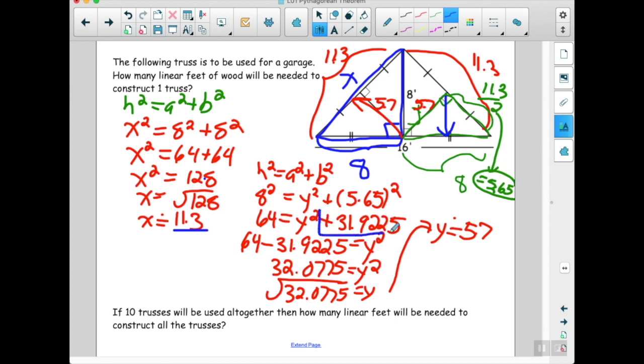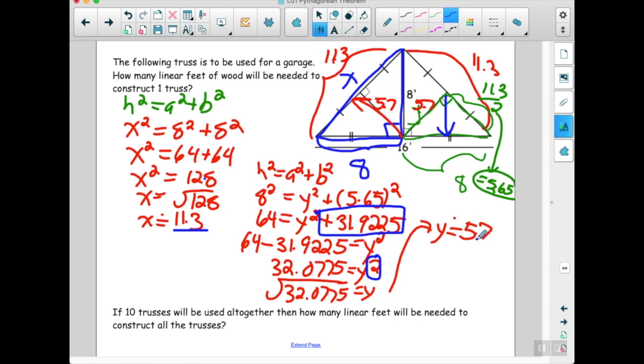And again, we're going to focus on when you're isolating for a leg, you're going to have to think about solving equations. The additive inverse of plus 31.9225 is negative 31.9225. So we now have 64 minus 31.9225 is y squared. That gives us 32.0775 is y squared. The square root of 32.0775 is y, because you undo this with the square root. And that gives me y is approximately 5.7.